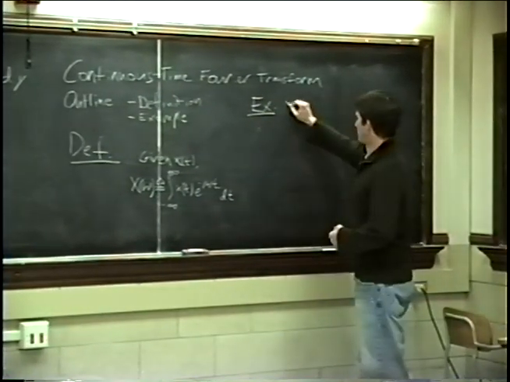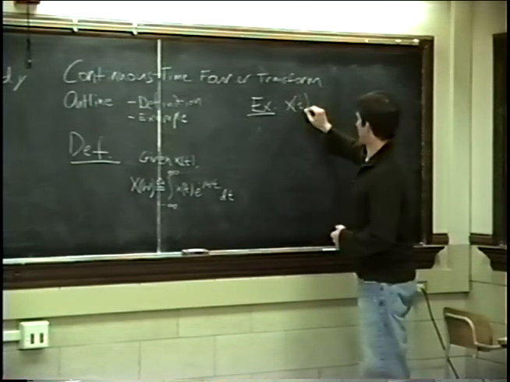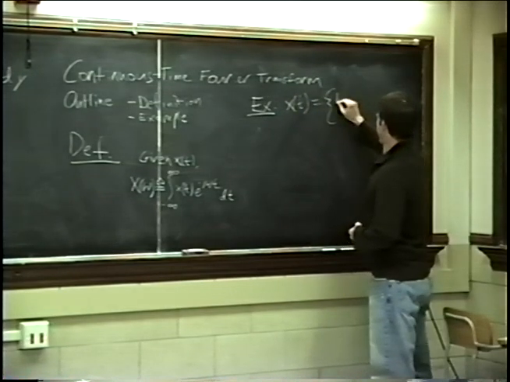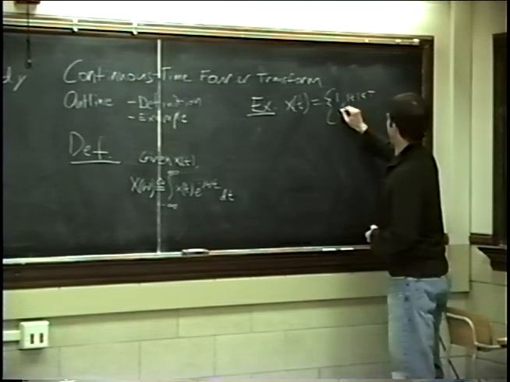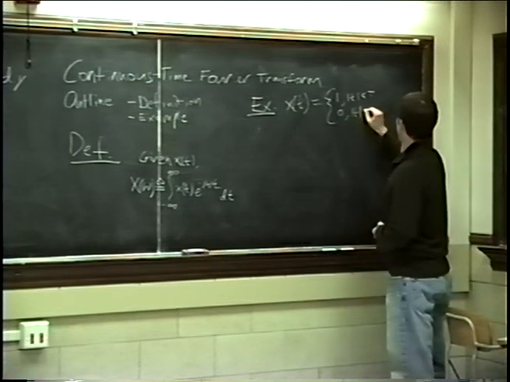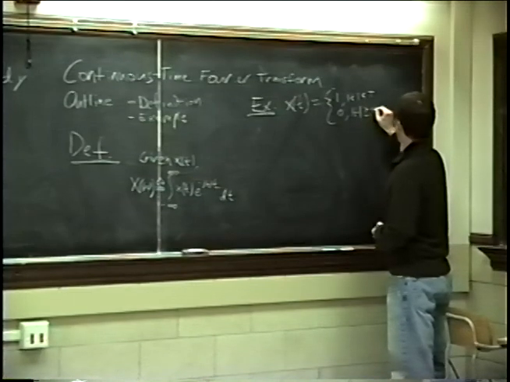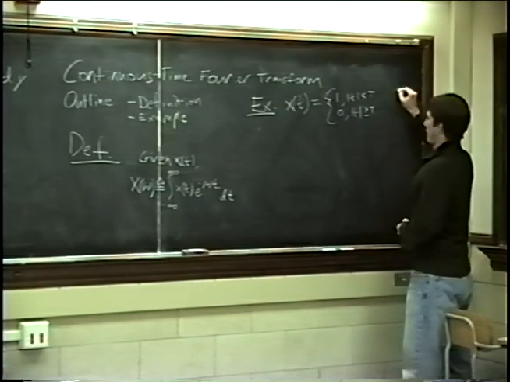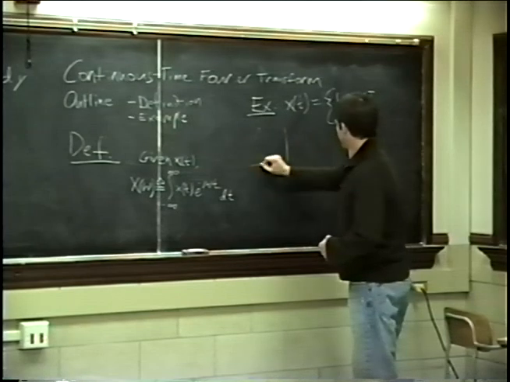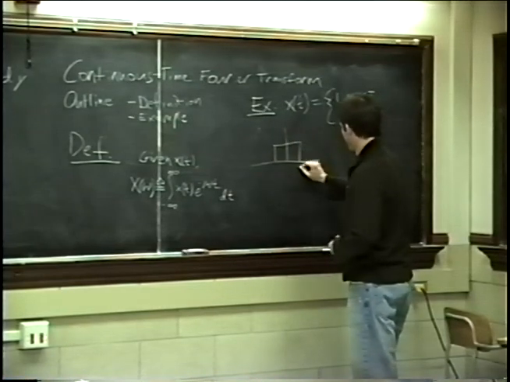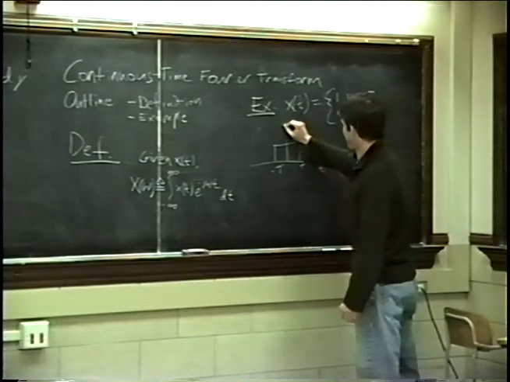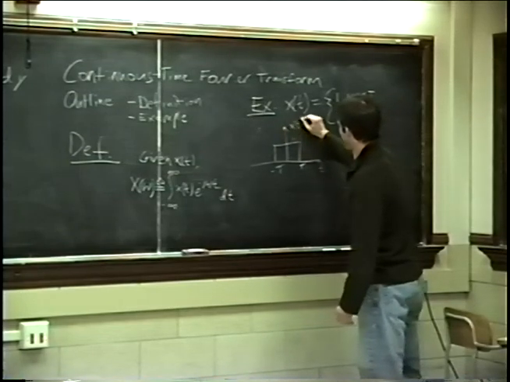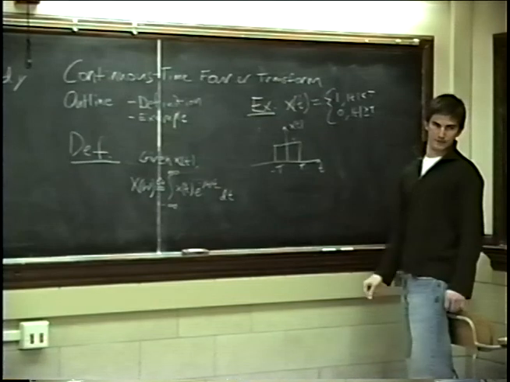Let's say we have this continuous time signal here. Now we want to compute the Fourier transform of this.